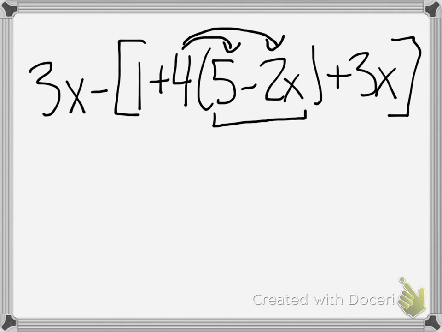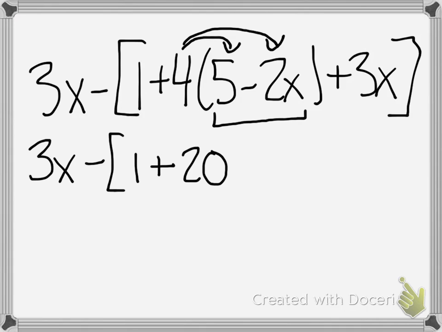That will allow me to get rid of the parentheses, and I will have undone the innermost step of my expression. So I now have 3x minus 1 plus 4 times 5 is 20. 4 times minus 2x is minus 8x plus 3x.